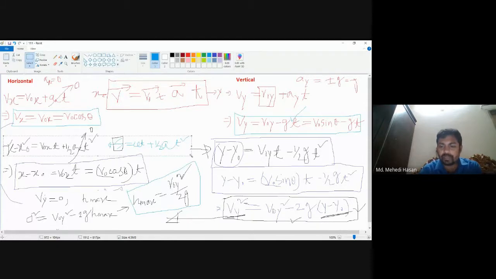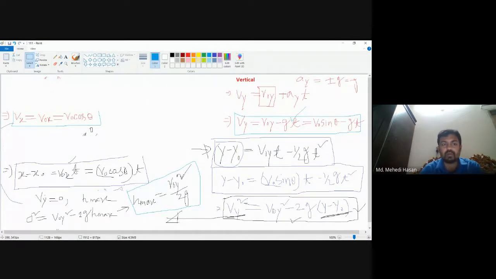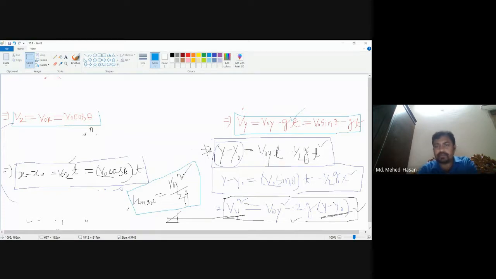Now, do you have any question? Do you understand how these equations came and which one to use when? So here is horizontally first one, horizontally second one, vertically first, second and third one, and here is the maximum height. So you have to use these equations. Now we will solve a problem. If anyone has a question, you can ask.